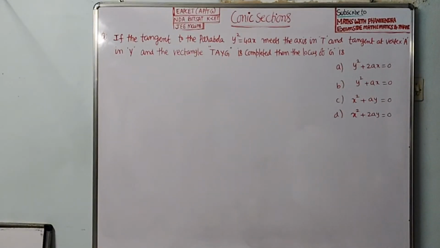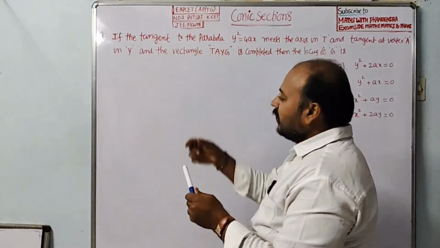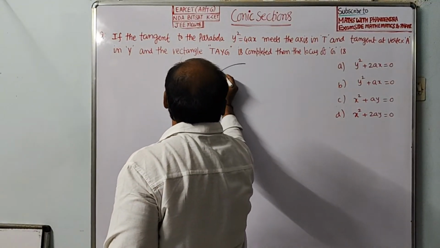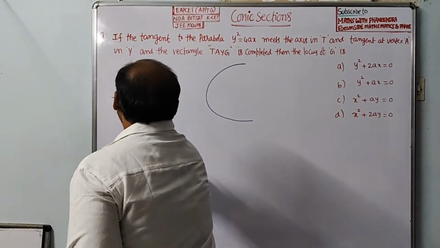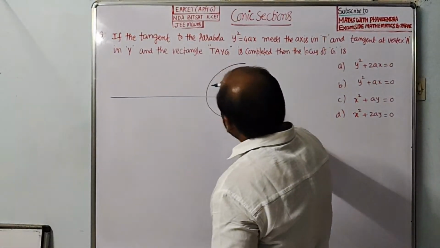First you need to read the question thoroughly. According to the question, you draw the diagram, you will get an idea, and here the rectangle also it makes. So first you have to draw the y square is equal to 4ax figure. This is the x-axis, the axis of the parabola.